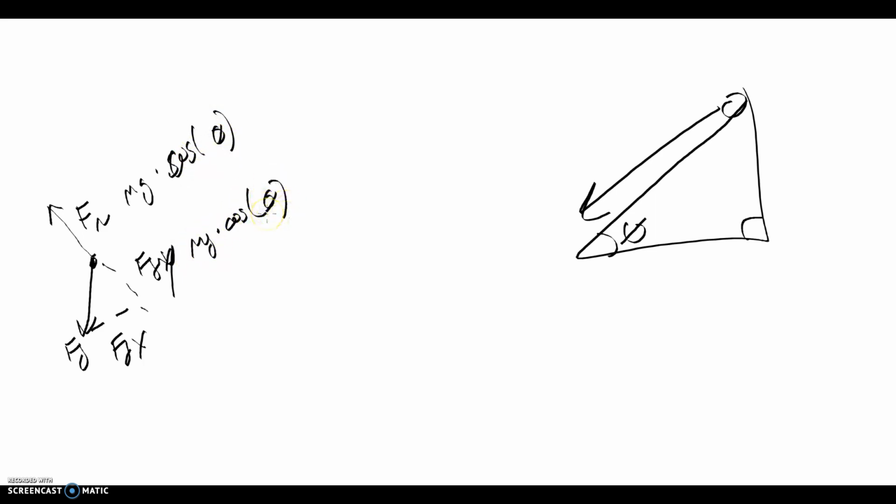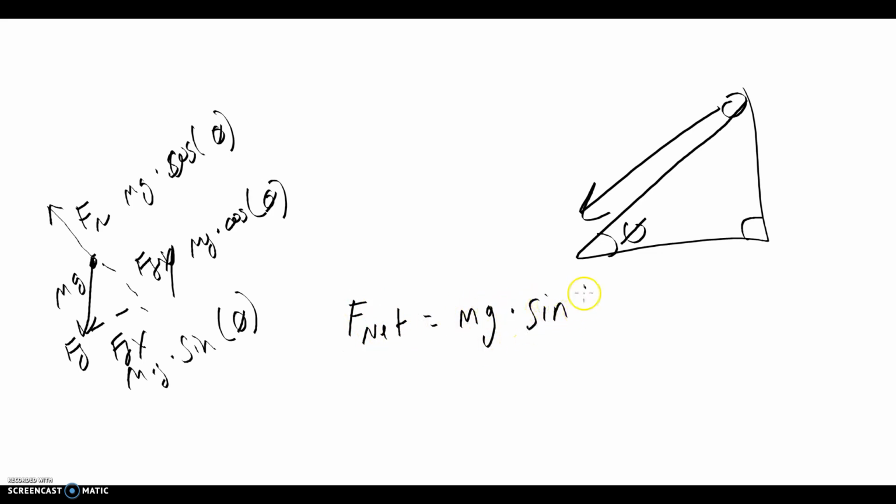Please excuse my bad handwriting. This is mg, and we also know that FGX is equal to m times g times sine of theta.